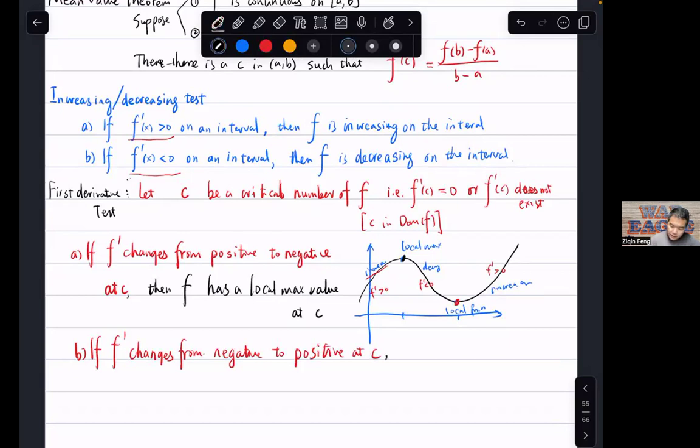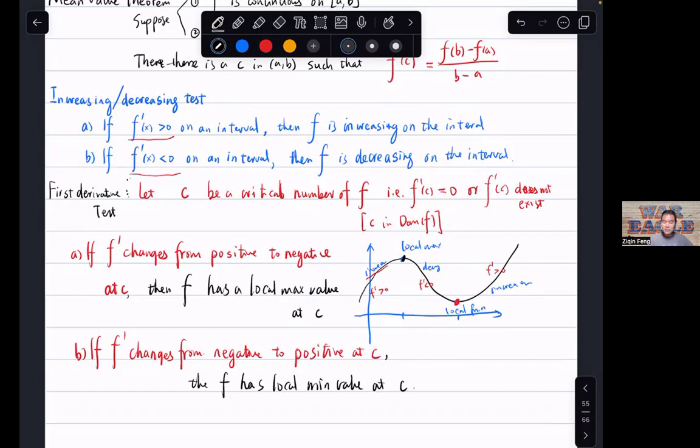Then f has a local minimum value at c. If the sign doesn't change, positive on both sides or negative on both sides, then you don't have a local extreme value.